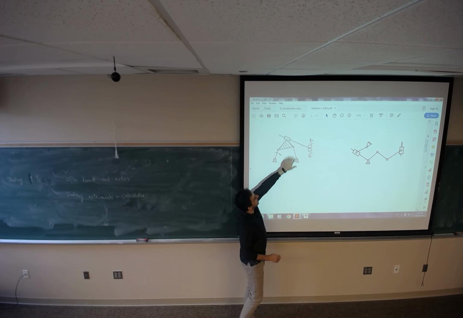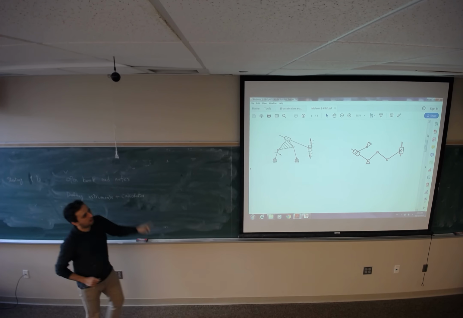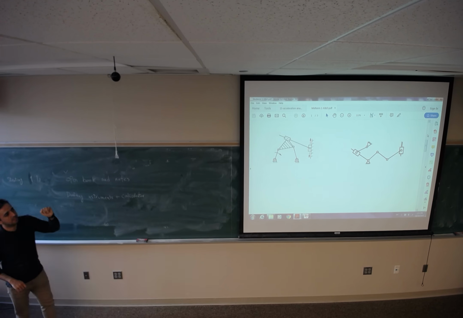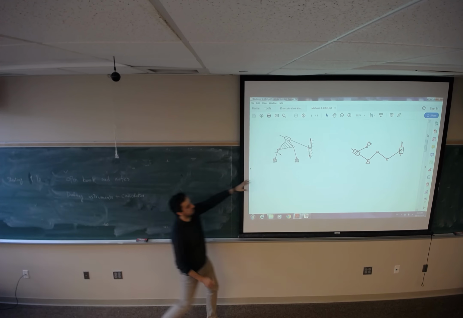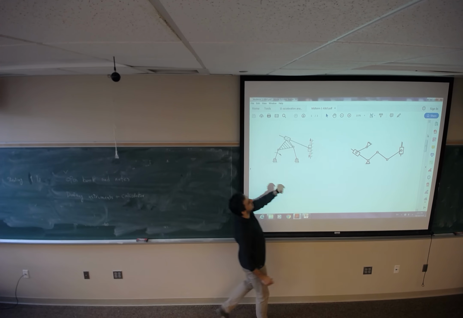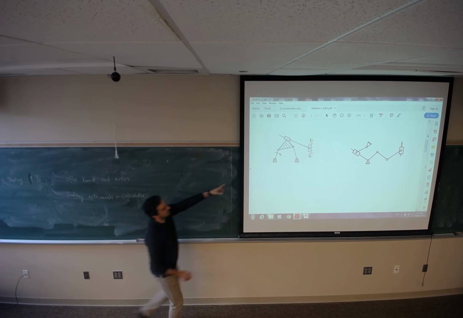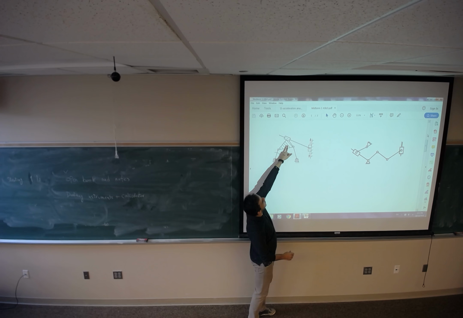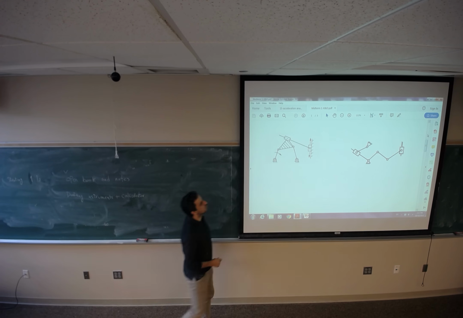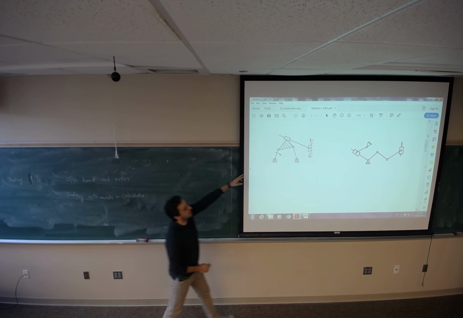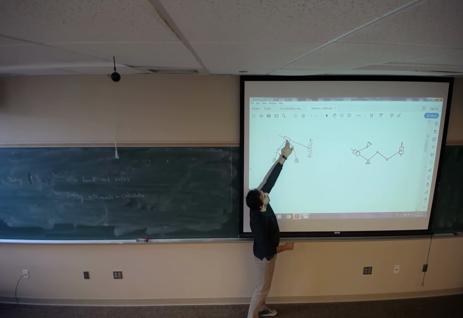This mechanism, one year I asked the students to do displacement analysis, but last year I just asked to find the degree of freedom. The tricky part is that there is one joint here which is a sliding joint. So don't count this as 2 joints, because it's not a slider with a pin. You just remove the pin from this point and add 1 prismatic joint.